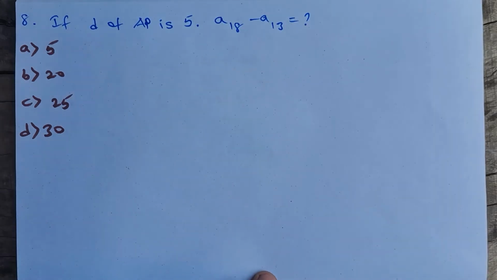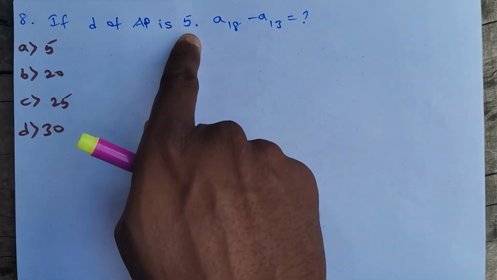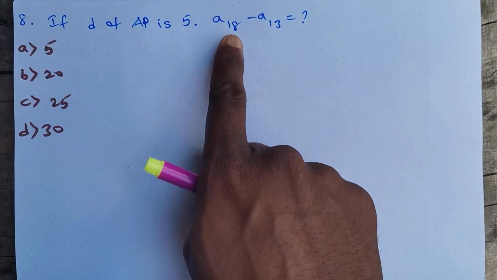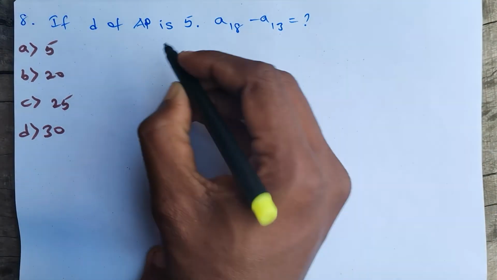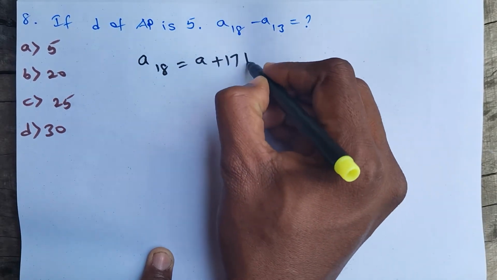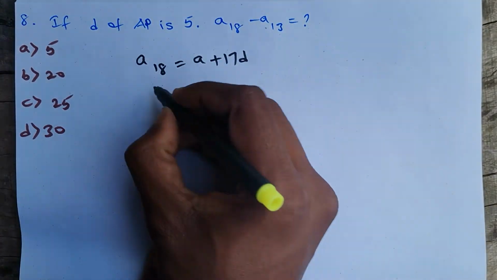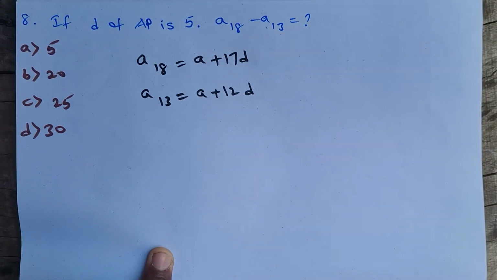Question number 8. If D, that is the common difference, of an AP is 5, then the value of A18 minus A13. A18, the 18th term, is A plus 17D. A13, the 13th term, is A plus 12D.